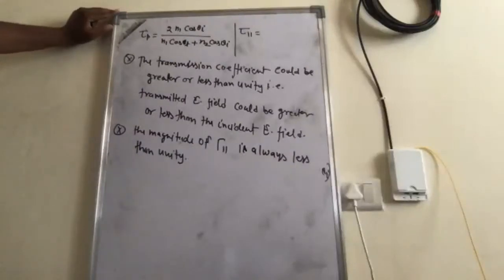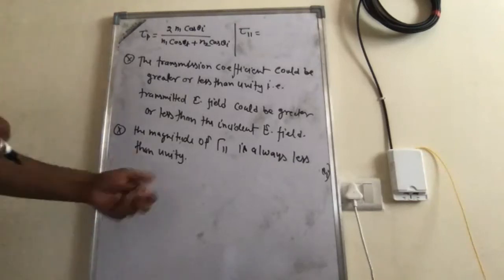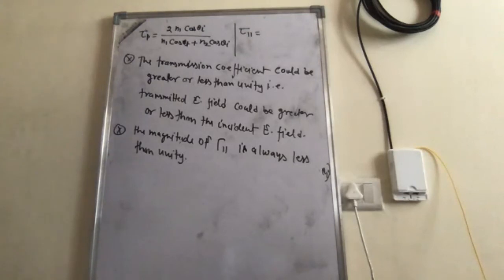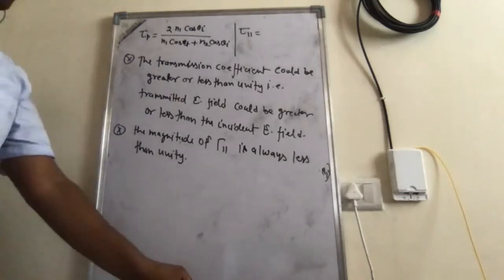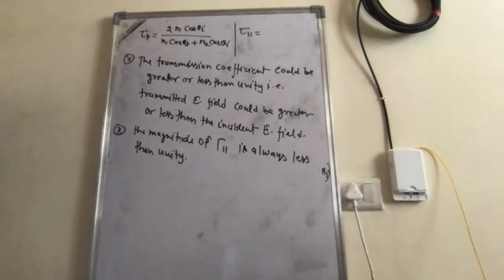And there is a phase difference of 0 or pi between the incident and the reflected wave. So that's the conclusion from this expression when parallel polarized light passes through the dielectric interface.